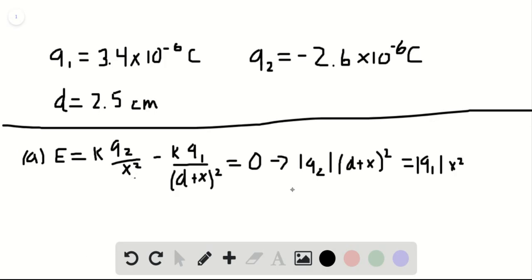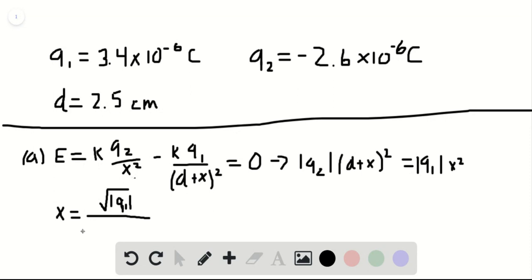Okay, now solving this equation for x, because that's the point we want to find, we find that this is equal to the square root of the magnitude of Q1. The magnitude here is important, obviously, because if we have a negative charge, then the square root of a negative value is going to give us an imaginary number, and we don't want to deal with that.